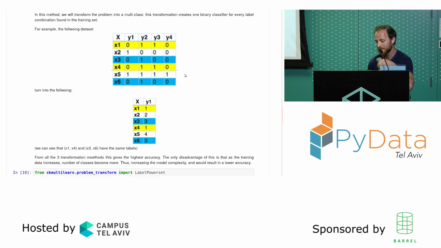And then we see that we get 1 again, and 4 and 3. So we took our multi-label classification problem and turned it into a single label, but with multiple values, which is much easier to solve. And we have a number of known algorithms for that.